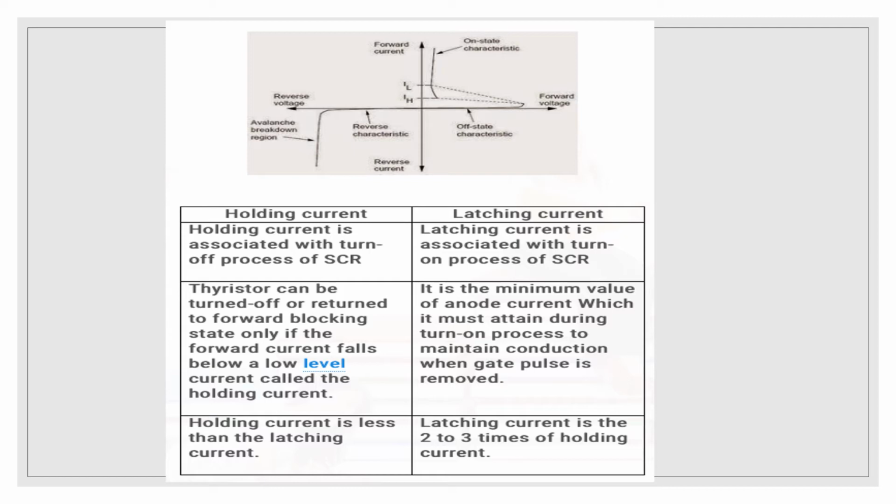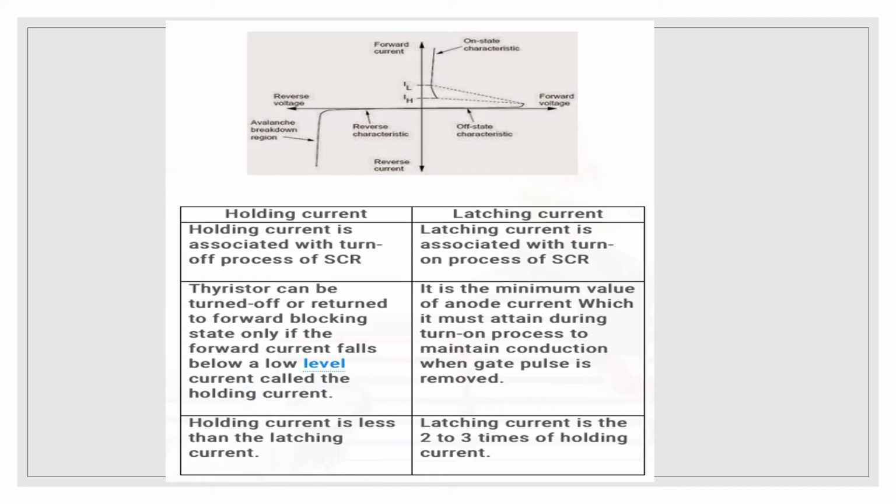And thirdly, the holding current is less than the latching current, and the latching current is 2 to 3 times more than the holding current. So these are the two terminologies which are used while considering this IV characteristic.